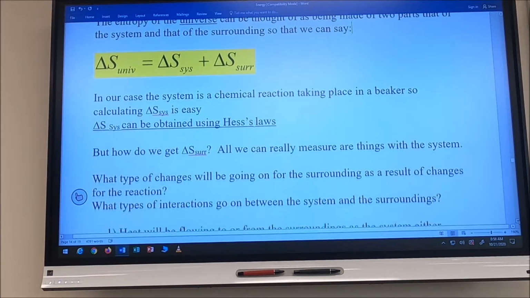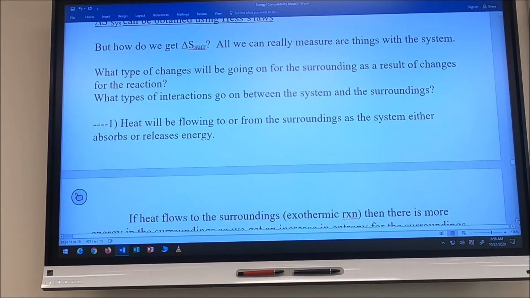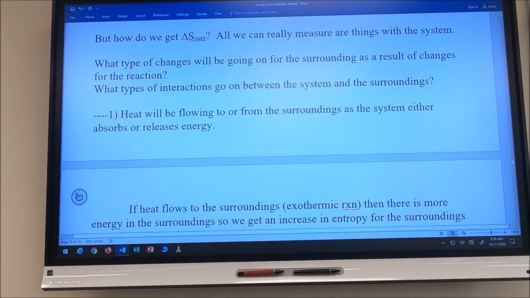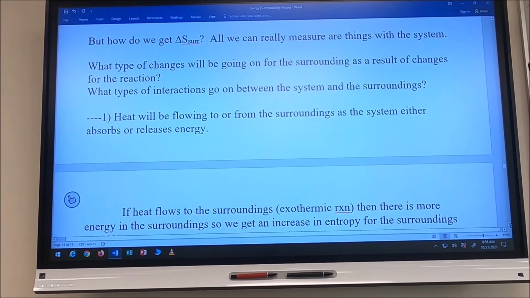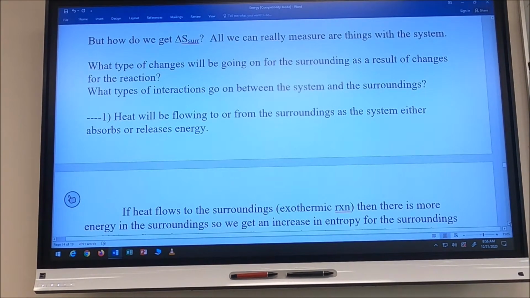We're not doing things directly with the surroundings. So we want to think about things that we can measure in the system that are going to give us an indication of what's going on with the surroundings. What type of changes will be going on in the surroundings as a result of the changes happening in the reaction?